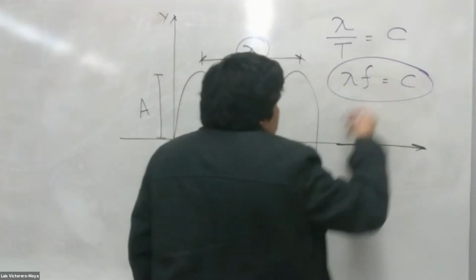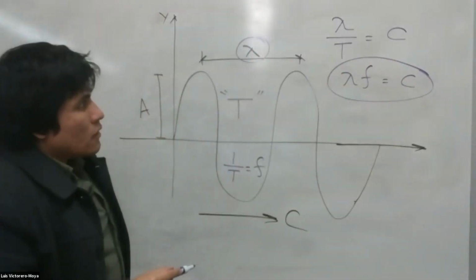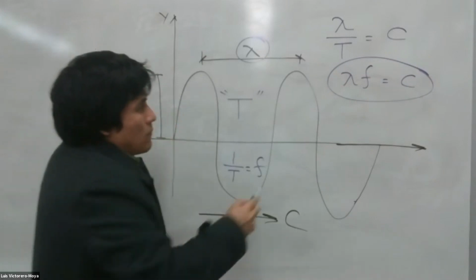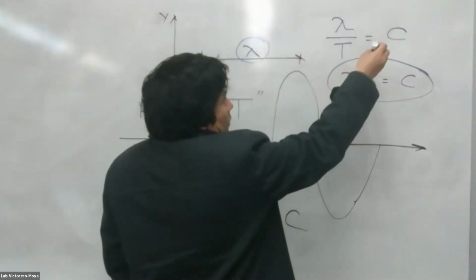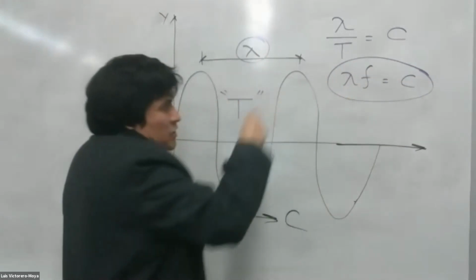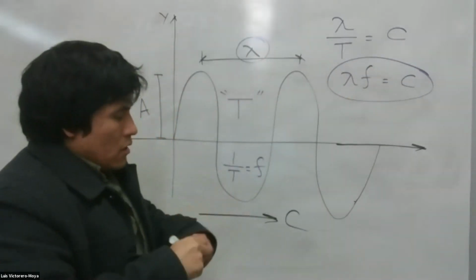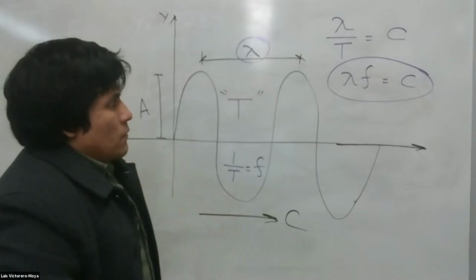This is important, because now you can see that when one goes up, the other one will go down, because the speed of light is always constant in the universe. There you are. So that's the equation that you also have in the slides.